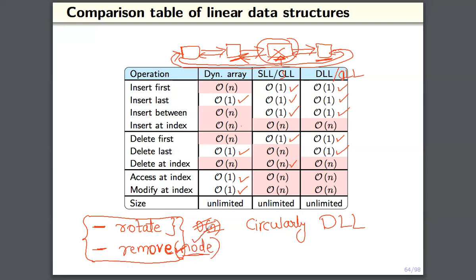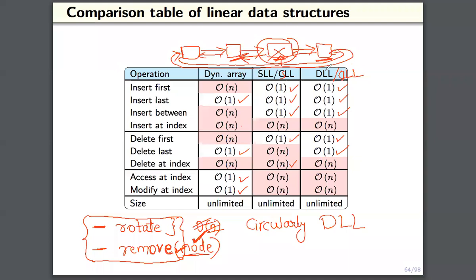We are already given this node, and you just want to implement the remove function for that node. So you just take the node's predecessor and the node's successor and change the pointers here and there. Done. Make sense?